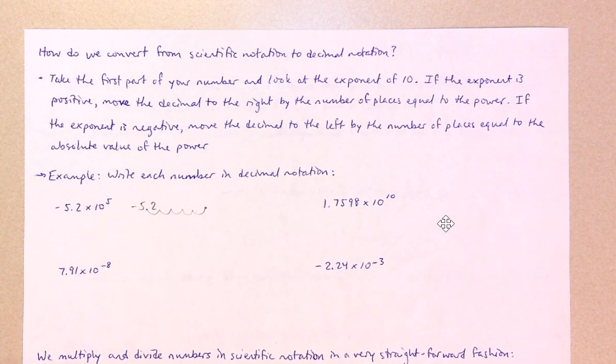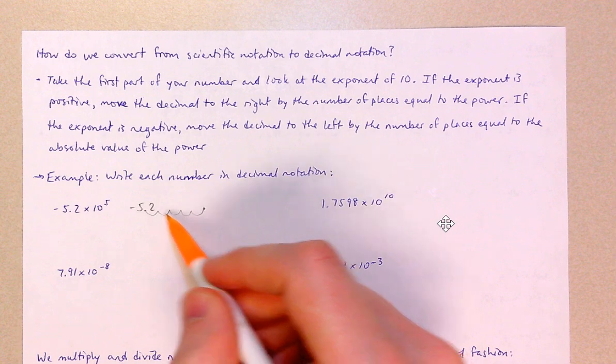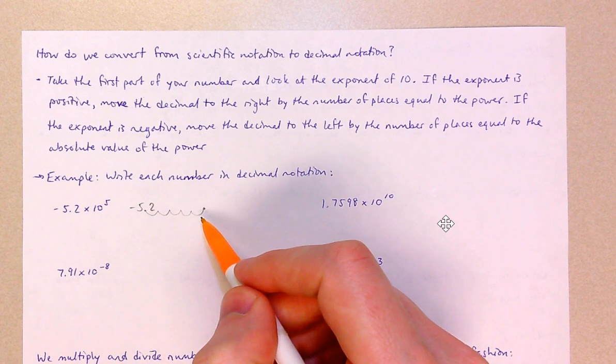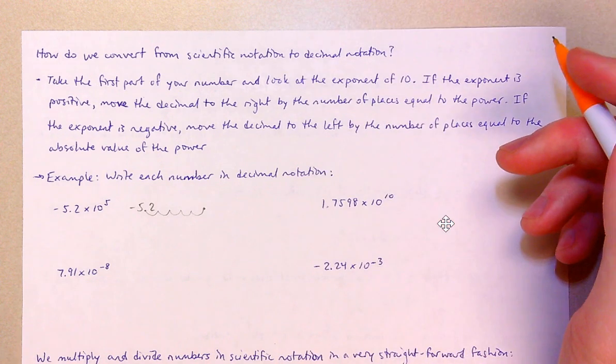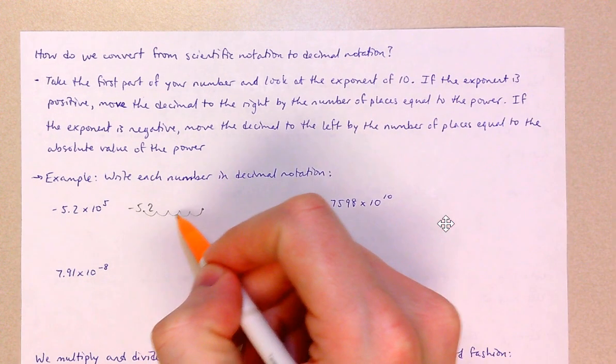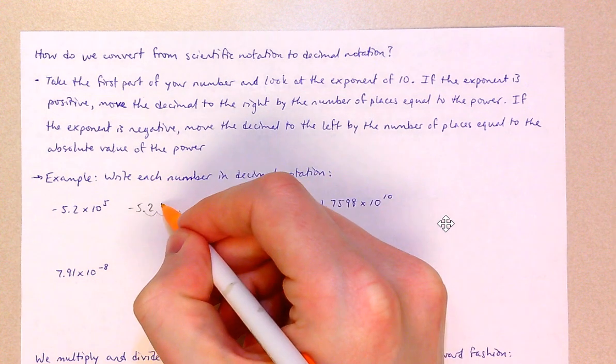Now, I purposely left some spaces here, and I purposely drew it like this because you may think, okay, so you have a whole bunch of room here between this 2 and the decimal point. Okay, so what do I do? In each of these spaces where there doesn't seem to be anything there, we're going to put zeros.